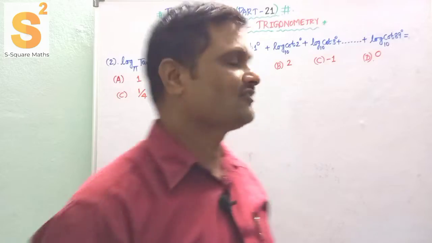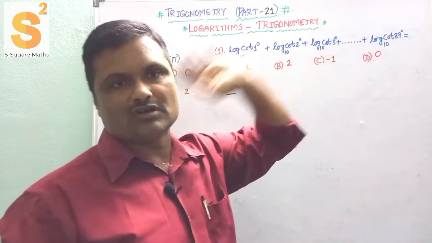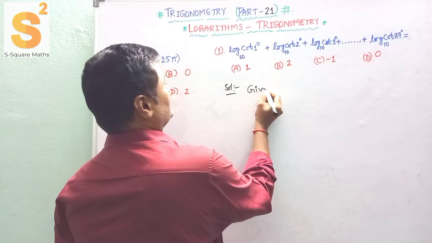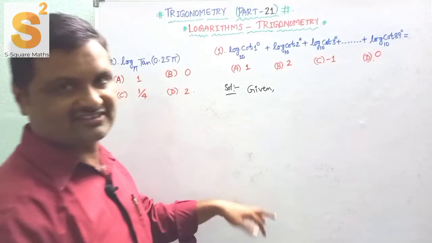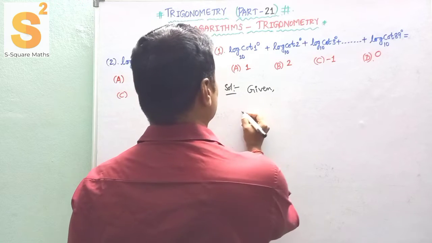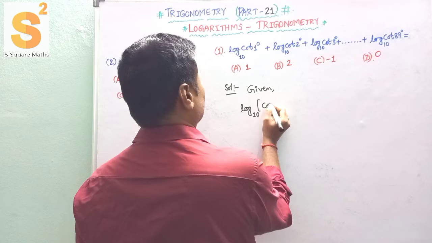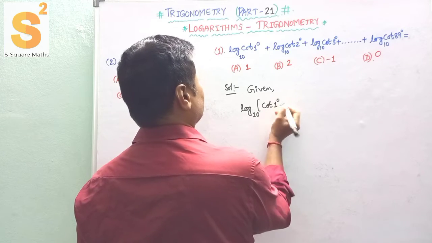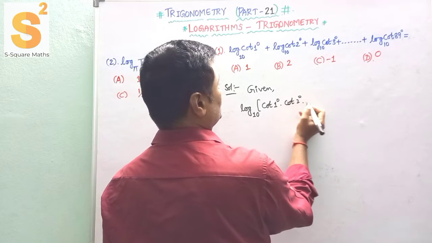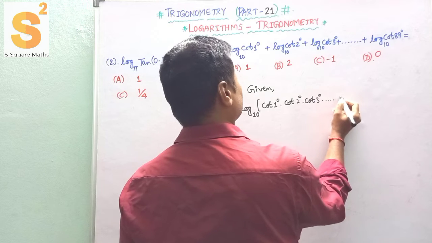If you observe carefully here, this is the form of log a plus log b plus log c plus so on. So according to that I can write the given expression as log with respect to the base 10 of cot 1 degree into cot 2 degrees into cot 3 degrees into so on.